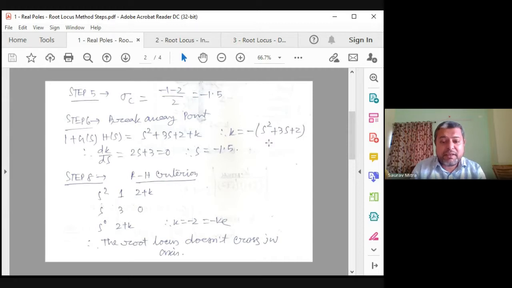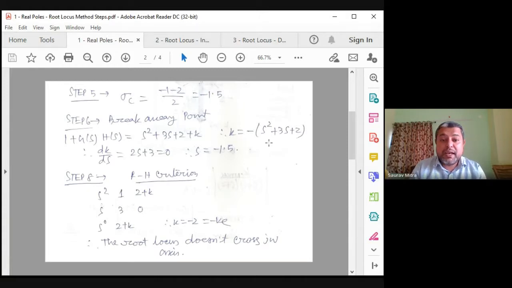Calculating angle of arrival and angle of departure is another thing students get confused about. So first you have to understand when the angle of arrival and angle of departure is calculated. They are called AOA and AOD. When is it calculated? If there is an imaginary pole or an imaginary zero, then the root locus starts from an imaginary point, and in that case the angle of arrival and angle of departure have to be calculated. Because the root locus starts from a pole, if there is an imaginary pole, then you have to calculate the angle of departure, and the root locus comes back to the zero.